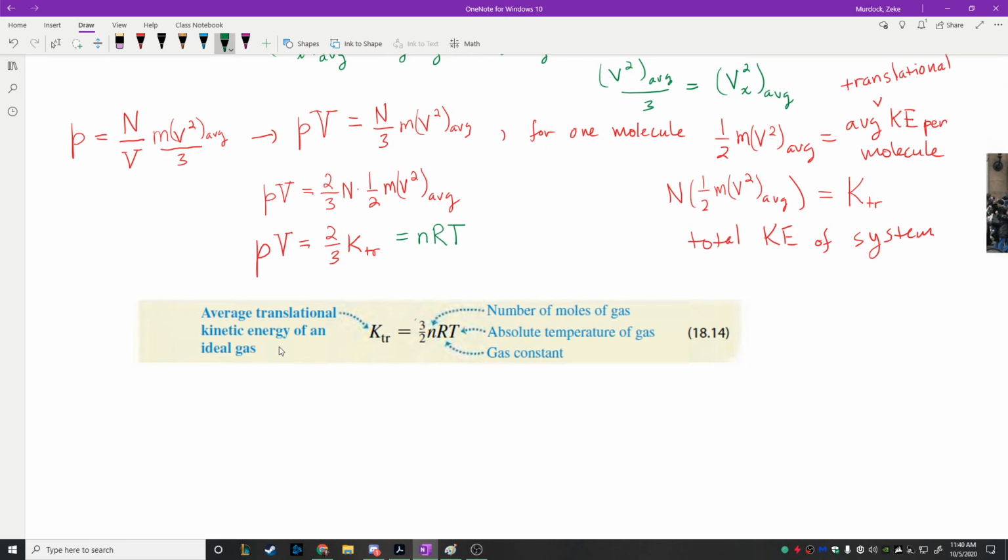So on a cold winter's day, when the temperature is really low, the molecules aren't moving very quickly, and they're not able to transfer energy to your skin because they're moving a lot slower. They carry much less energy with them. But on a hot summer day, the molecules in the air are moving much more quickly on average, and what that means is that they can very quickly transfer energy to your skin, and they can warm you up.